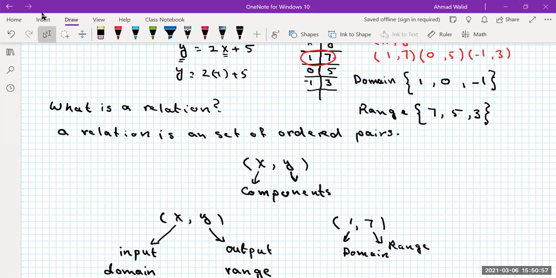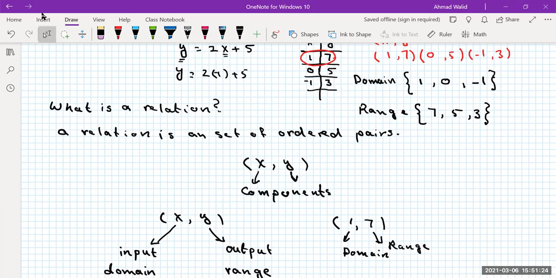Believe me, I'm not saying that it's difficult, but even in higher classes of math that I sometimes teach, students are struggling to find the domain and range of a given function. And it's really easy. Just remember this much.